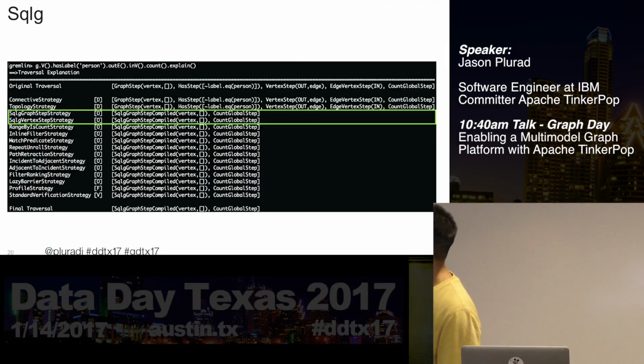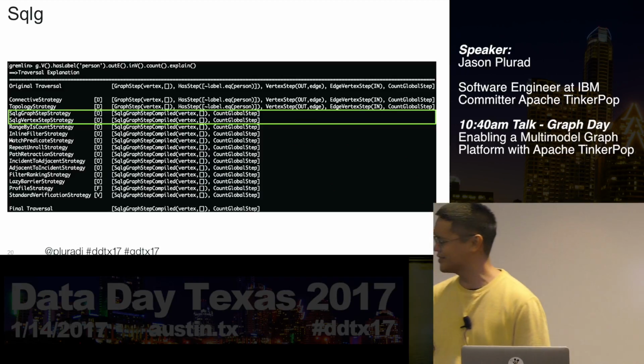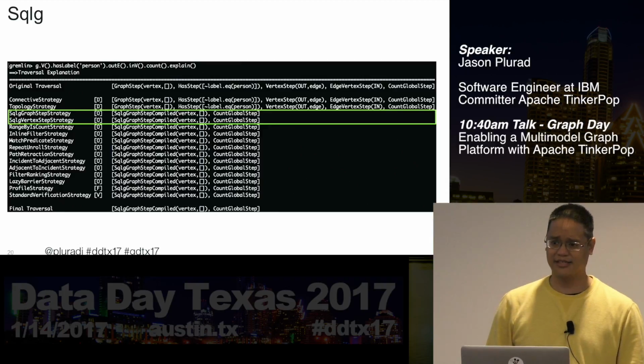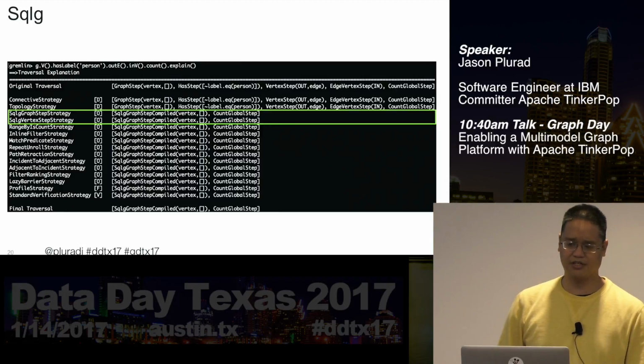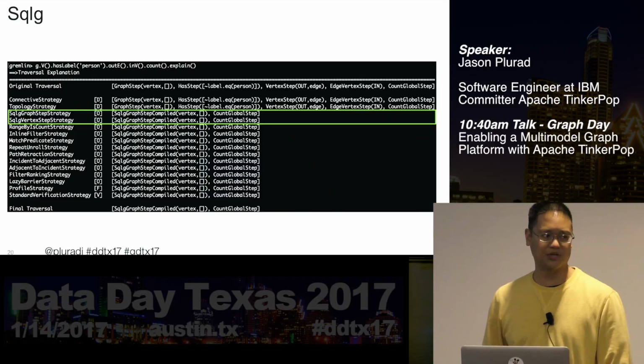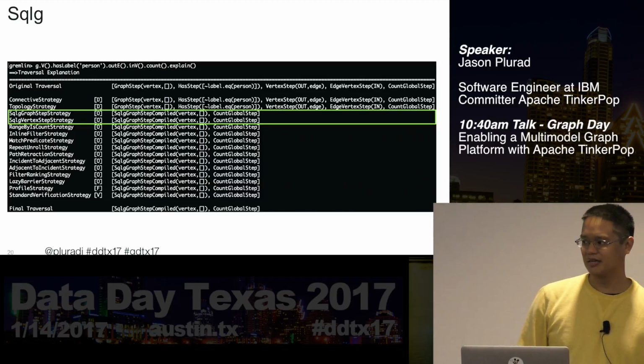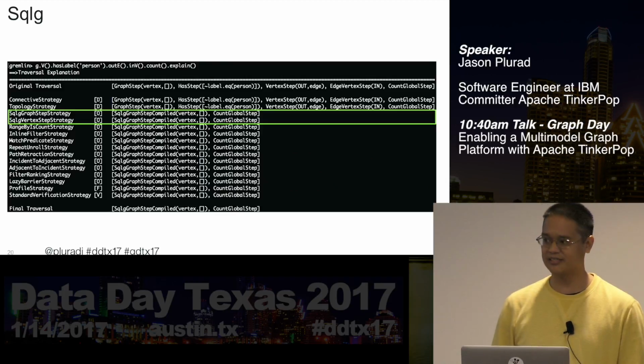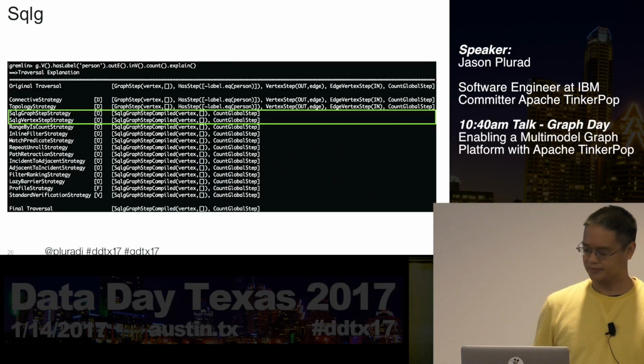So we'll notice here that these SQLG strategies are actually at the top. They're ahead of where they're supposed to be in the order. And I think this is specific to the relational case, where they needed to make sure that those inner joins happened as soon as possible, before anything else happened on the traversal.